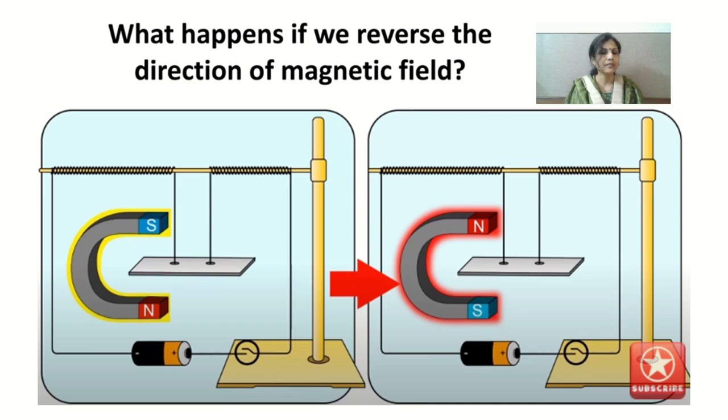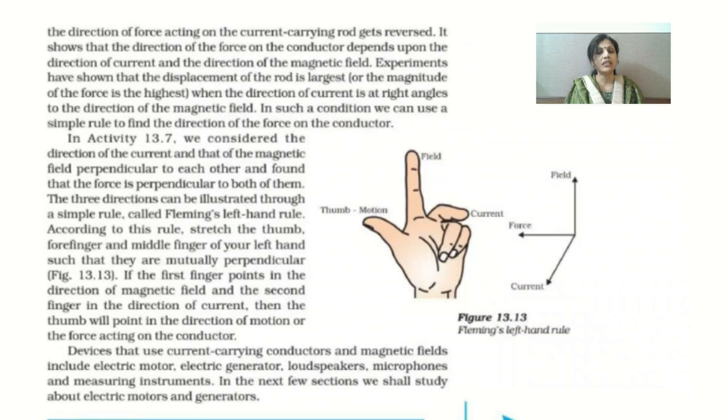Alright? Then the direction in which the force is experienced by the conductor is given by Fleming's left-hand rule.